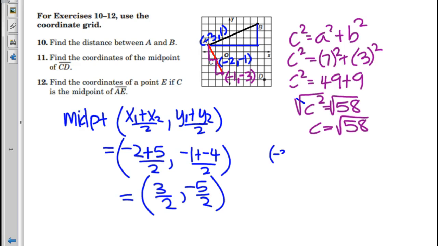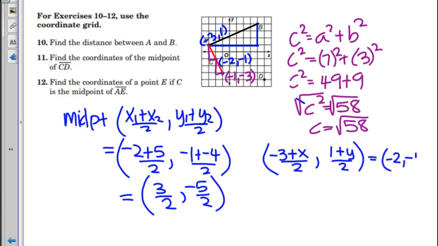And we set that up in our midpoint formula, so it looks like this. X1 is -3 plus X2 we don't know over 2. Y1 is 1 plus what we don't know divided by 2 is equal to the midpoint which they gave us, -2, -1.